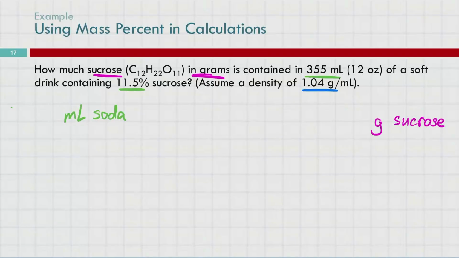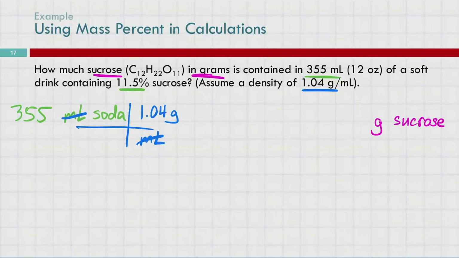We're starting with 355 milliliters. How do we convert milliliters to something useful? What do we have that has milliliters in it? There's something on the board that has milliliters in it. Density. Yeah, so density is grams per milliliter. We have milliliters, so if we multiply these two, that would look something like this, 1.04 grams per milliliter.